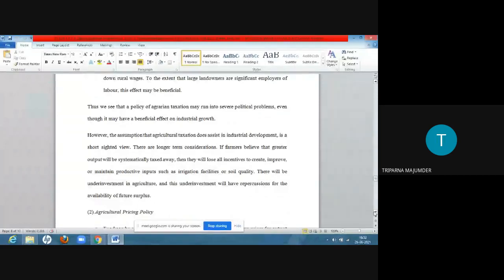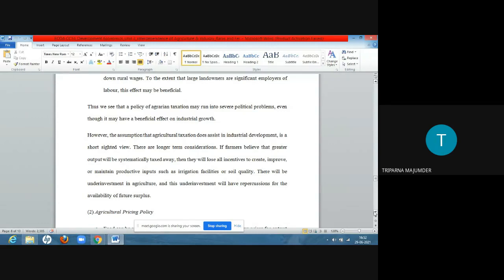There are longer-term considerations. If farmers believe that greater output will be systematically taxed away, then they will lose all incentives to create, improve, or maintain productive inputs such as irrigation facilities or soil quality.